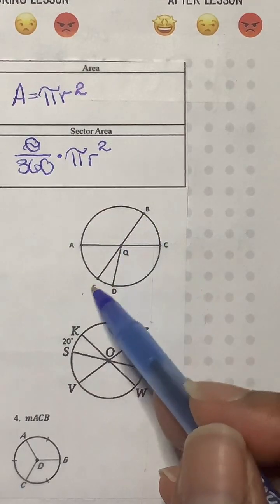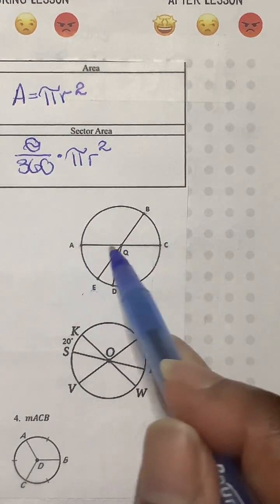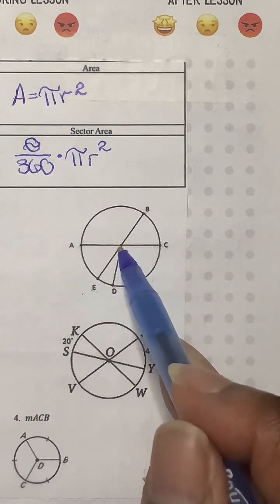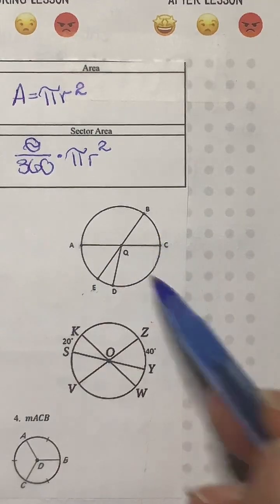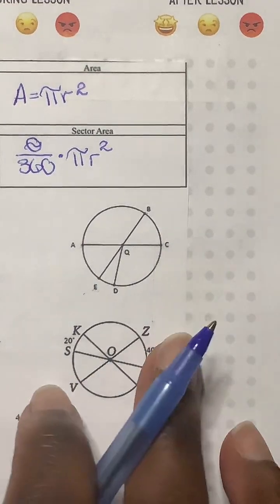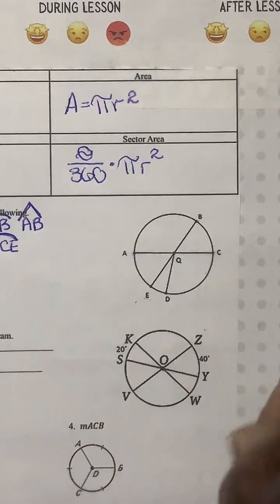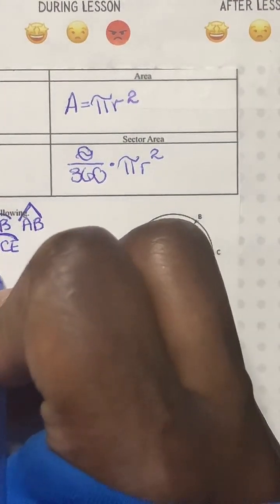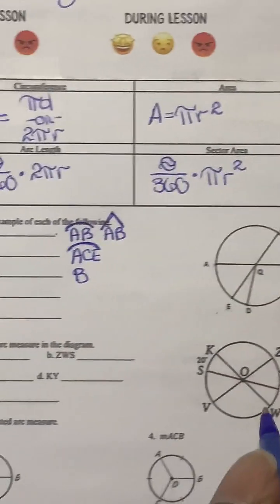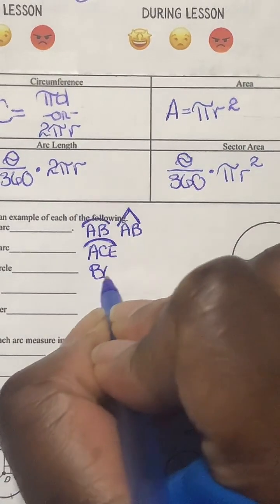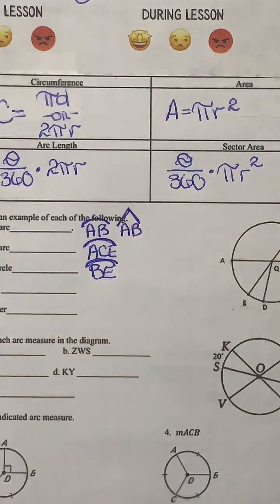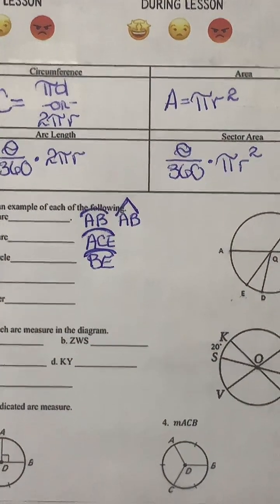It's usually going to represent your diameter. Your diameter usually goes right through the center of your circle and it cuts your circle into 2 parts. So the way I represent my semicircle is very similar. I'm going to say BE. Here's my B, here's my E, and then I have my arc. So I got my arc BE.